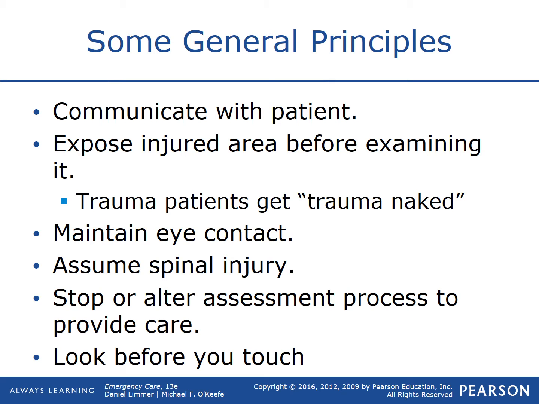Say you go up to the patient and they've got blood squirting out of their forearm, you need to stop that bleeding before you start assessing other things. So always treat life threats as you find them. If anything else you find is abnormal, just note it and go on. So if you're going down the leg and it seems like their femur's bent, note it and go on, finish your assessment. And always, always, always look before you touch, so you don't damage or further injure that patient.